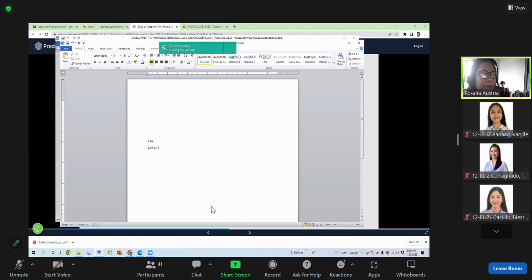What is the answer? Because there were many mistakes here. When I checked your Chapter 3, many made mistakes in the interval. What is the answer? 2.5. There. So, the answer is 2.50. Now, what will you put in the third line? Third line. What is the answer? 2.51. Well done.